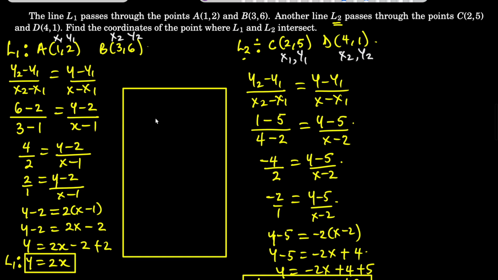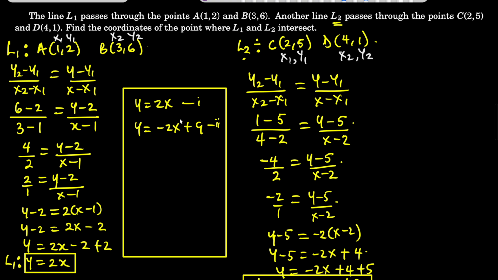So y equals 2x is equation 1, and y equals minus 2x plus 9 is equation 2. So equation 1, equation 2, it's more like a ritual. Again, this type of simultaneous equations is very easy to solve because you can see that y equals, y equals.